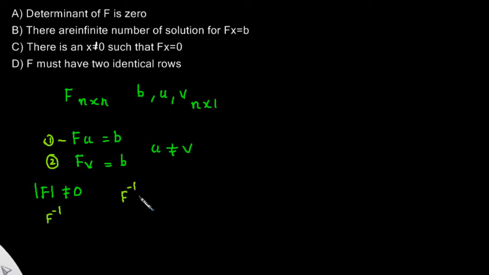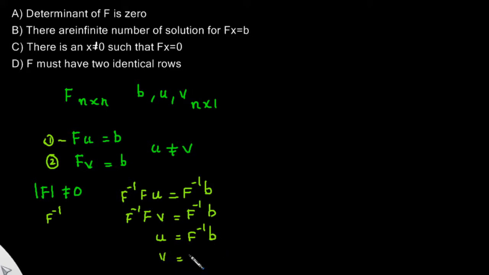That means F inverse Fu equal to F inverse B, and F inverse Fv equal to F inverse B. F inverse F is I, so we get U equal to F inverse B and V equal to F inverse B.